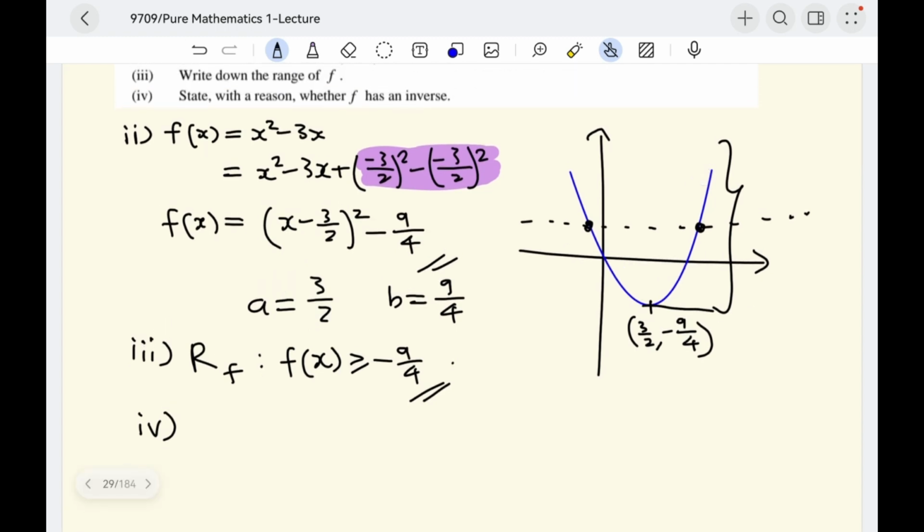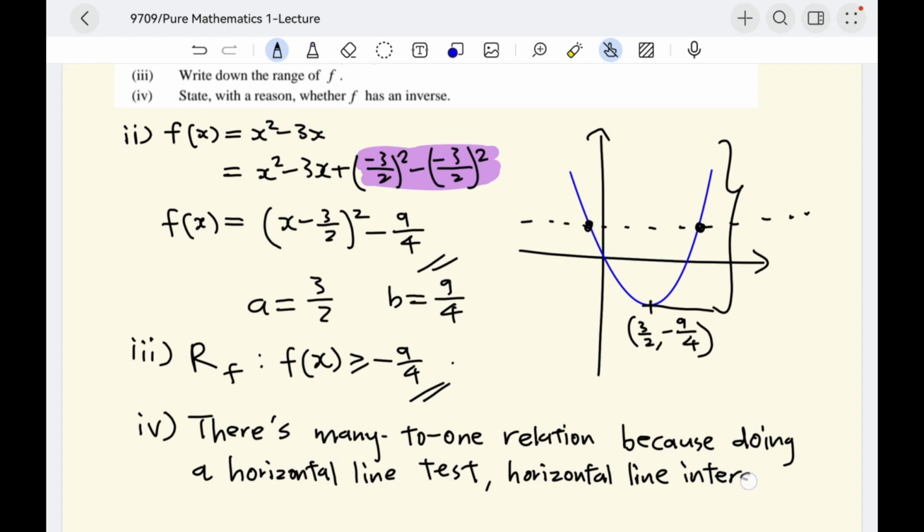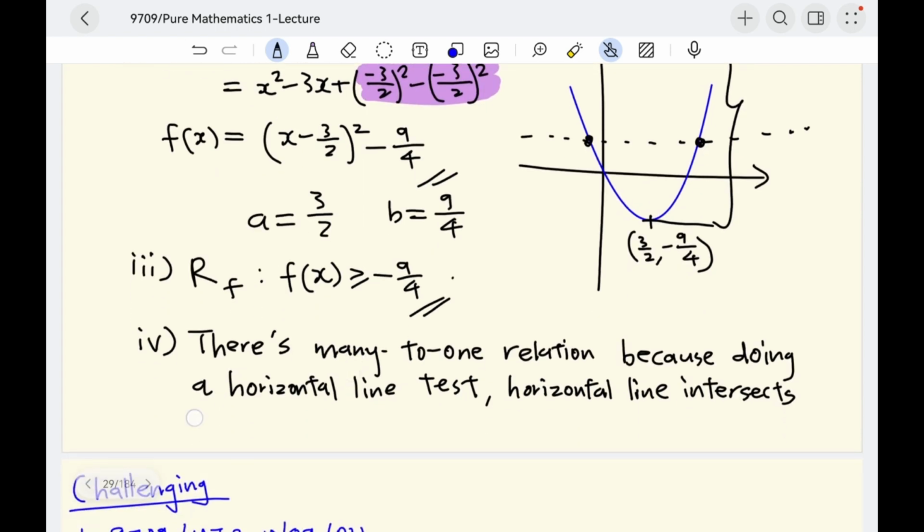So that means there is a many-to-one relation, because doing a horizontal line test, the horizontal line intersects 2 points with the graph, with the function f.